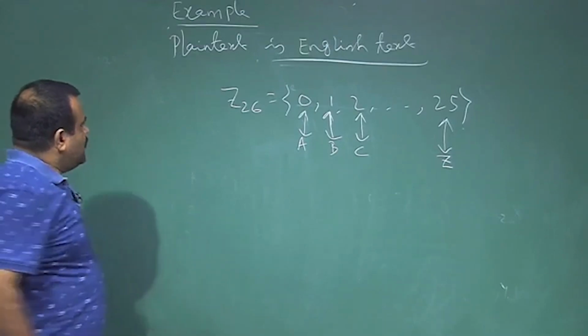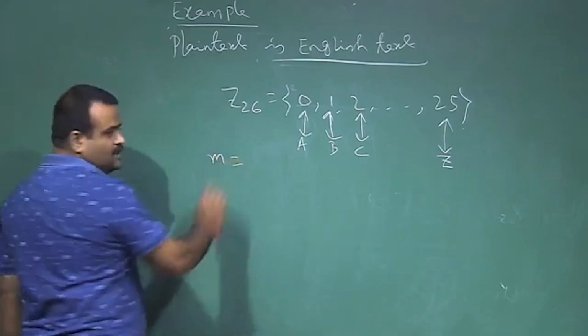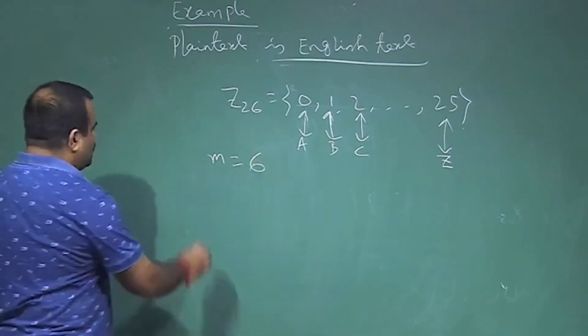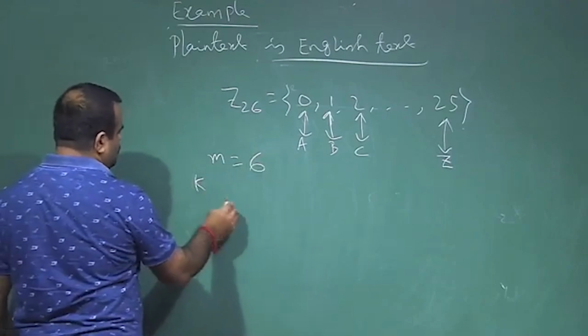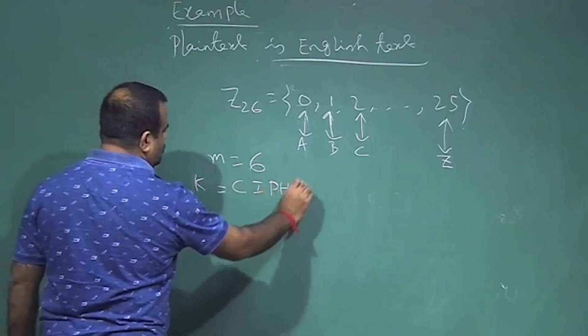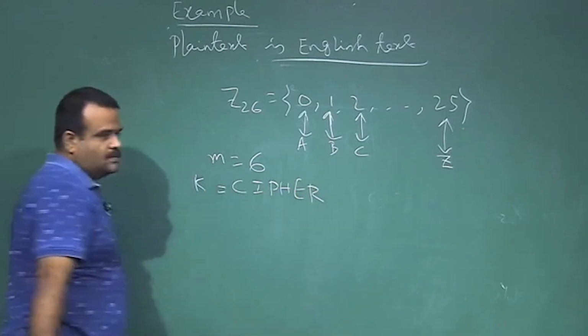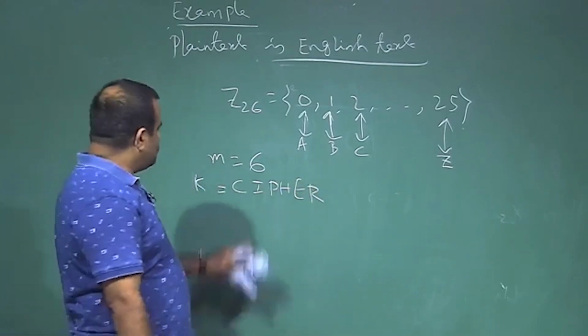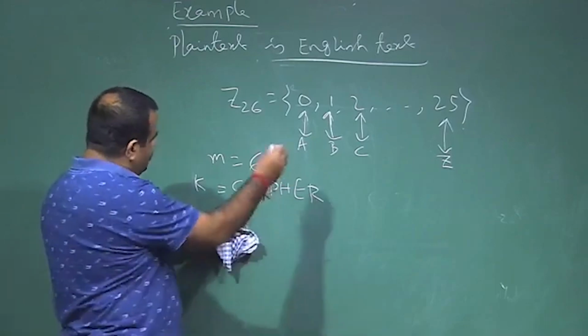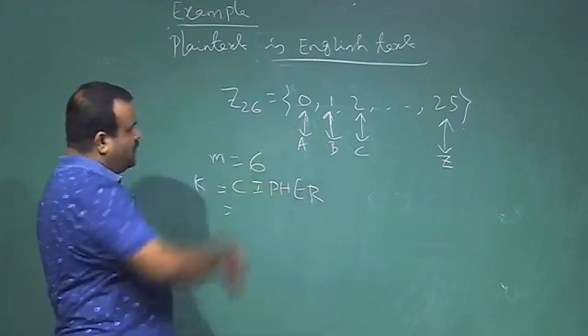Okay, now we have to choose an m. Suppose m is 6, and suppose our key is, say, cipher. Cipher means 6 letters. Now, we can replace this using the one-to-one correspondence.